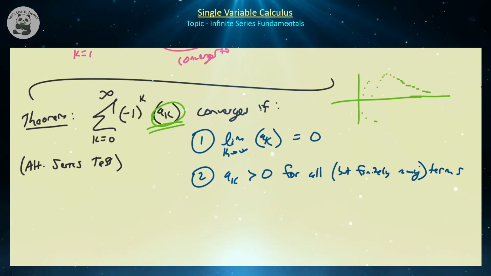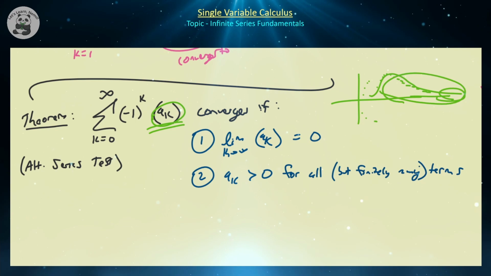Since the terms are positive for all but finitely many, and the limit is equal to 0, that means it has to be eventually decreasing. So if we have an eventually always positive decreasing sequence a_k, then we have evidence to believe that this alternating series will converge.